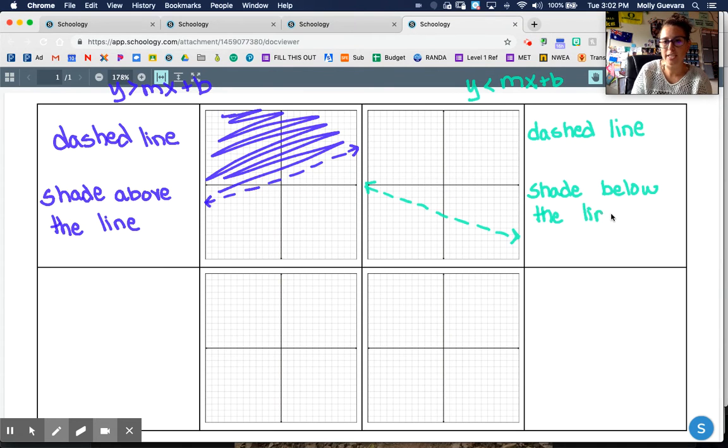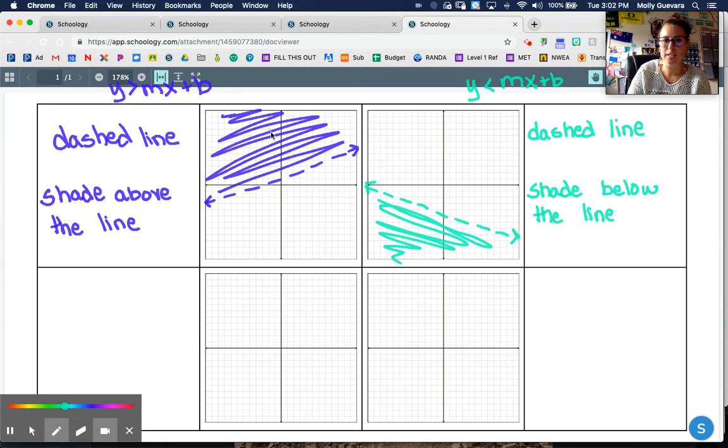What the shading does is it tells me that any point down here, see all these points I'm drawing, any of these points will make this inequality true. It'll make it work. I could have 4 is less than 10.